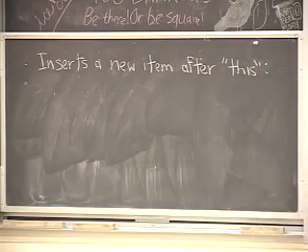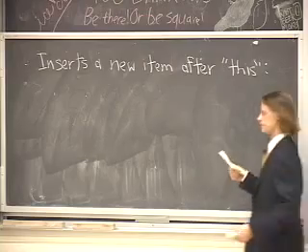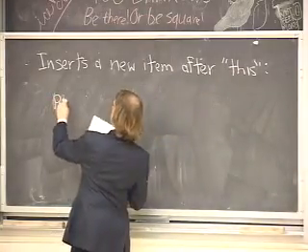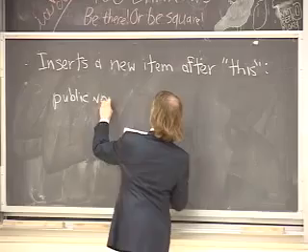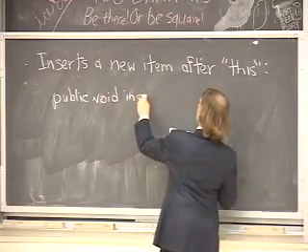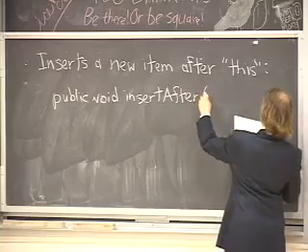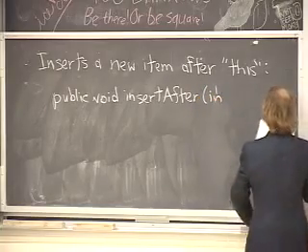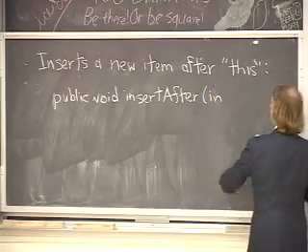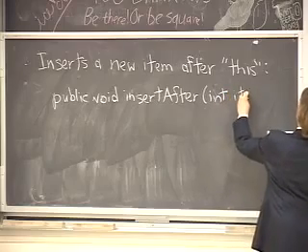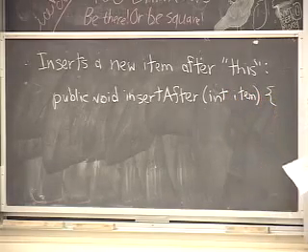This method has to go inside the list node class, of course. I will call it insert after. And it just takes, as its input parameter, one item, which is the new integer you want to insert.